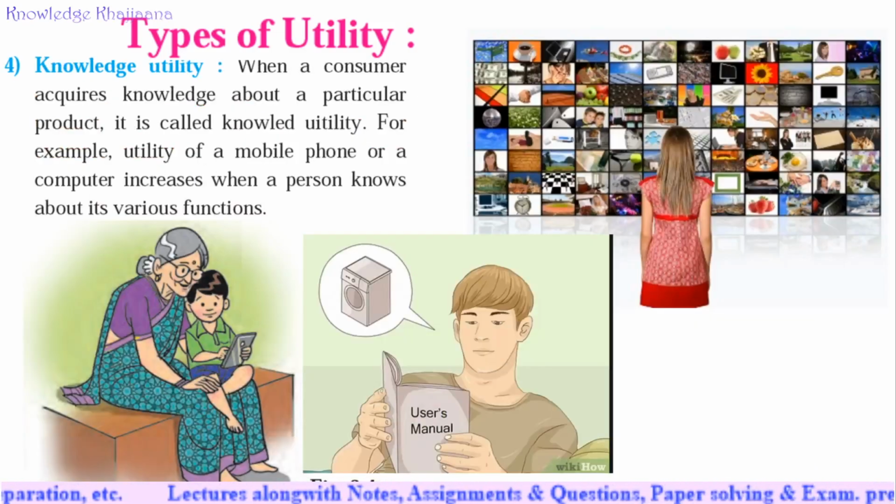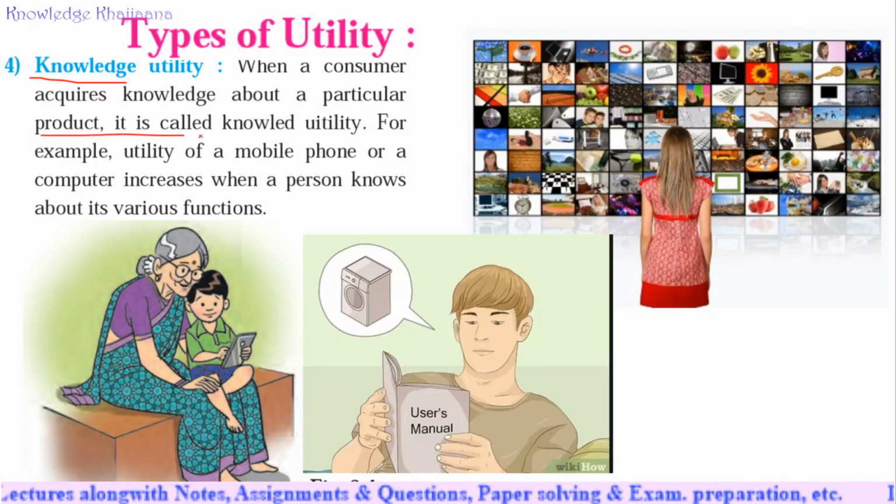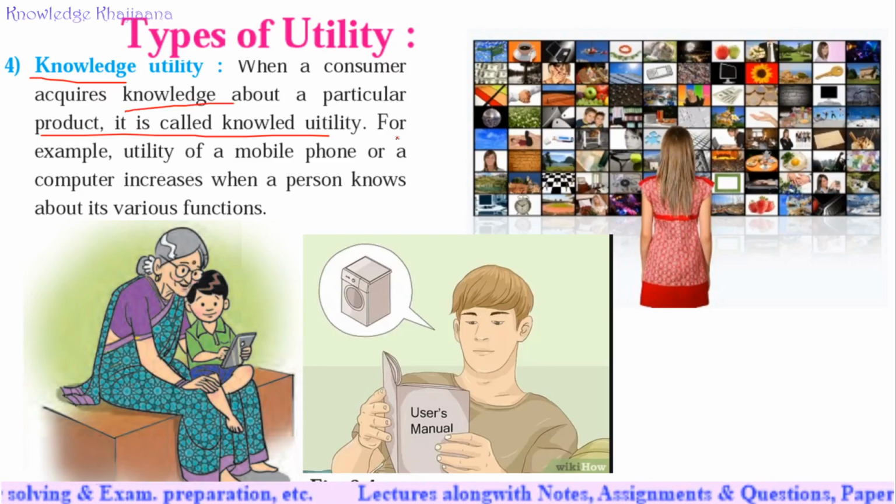Next is knowledge utility. Okay, this is again an interesting thing. When a consumer acquires knowledge about a particular product, it is called knowledge utility. For example, the utility of a mobile phone or a computer increases when a person knows about its various functions. See, if this mobile phone was just lying here and there, can the utility be achieved from it?